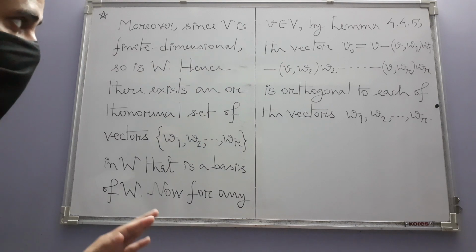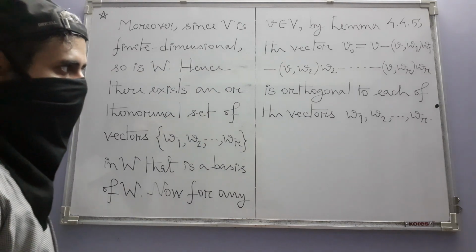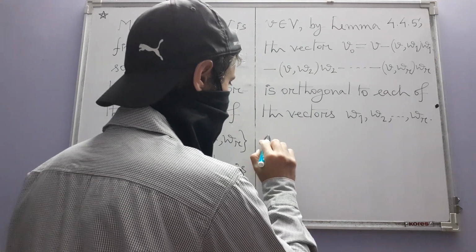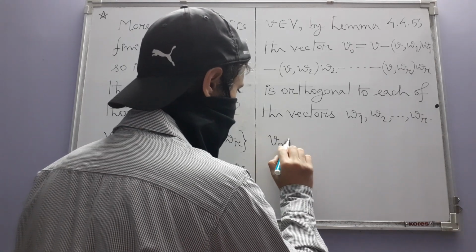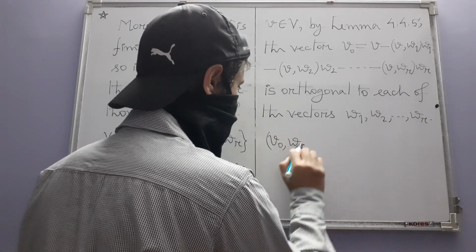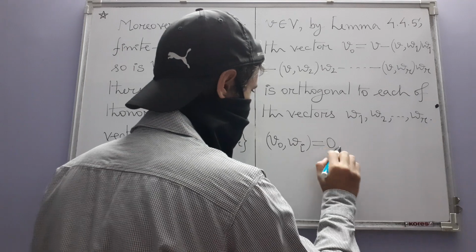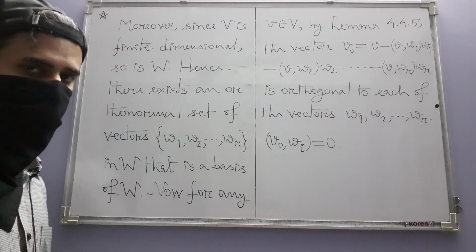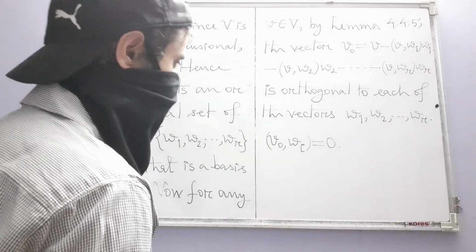So that means what? It just simply means that if we consider these inner products, we are going to get 0 for all possible i's from 1 through r.